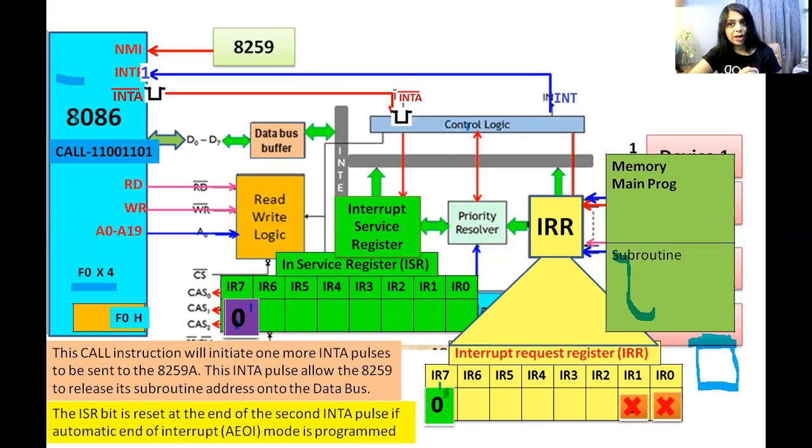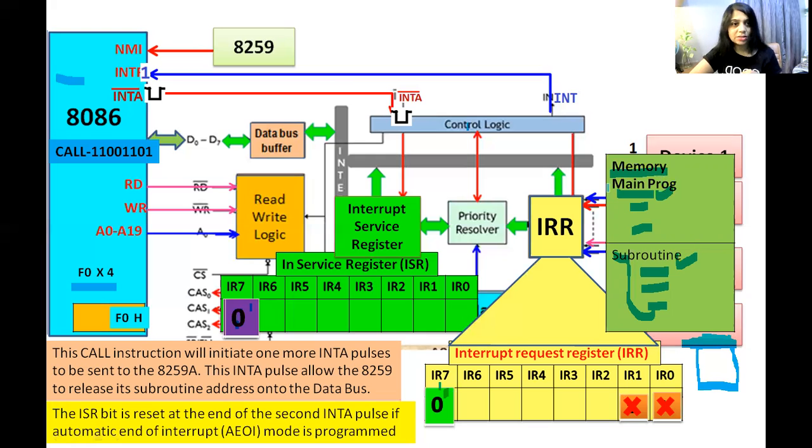Now let's assume that 8086 was executing the main program. It is memory. In memory, the main program is stored and this is the subroutine. Subroutine means the program for this interrupting device. It is the interrupt service routine or interrupt subroutine. So this was a program at one address and this is at a different address.